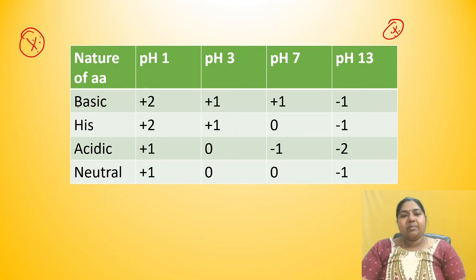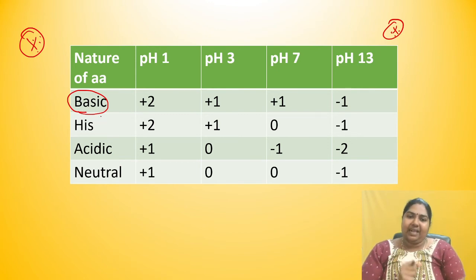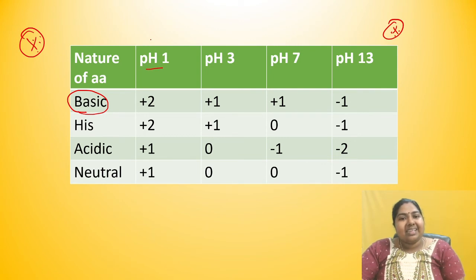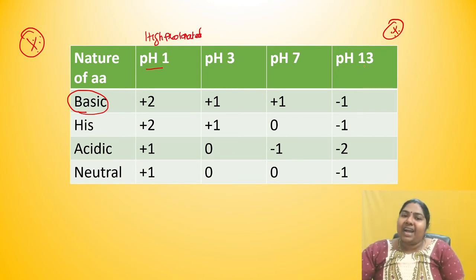I am considering a basic amino acid. If I am lowering the pH, what will happen to the protons? It will be heavily protonated. Correct? And if I have a high pH, what will happen?